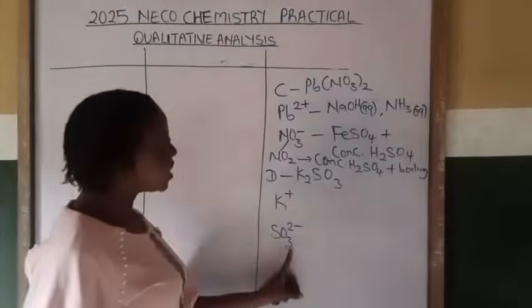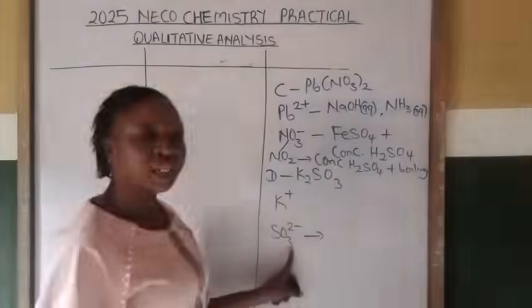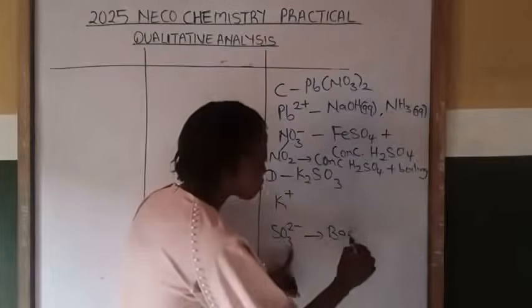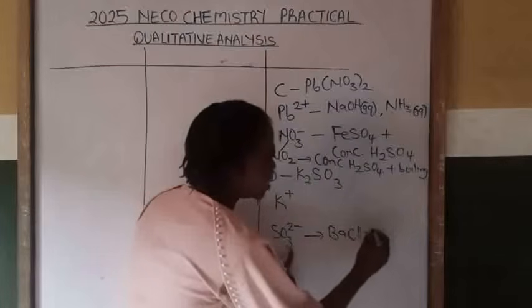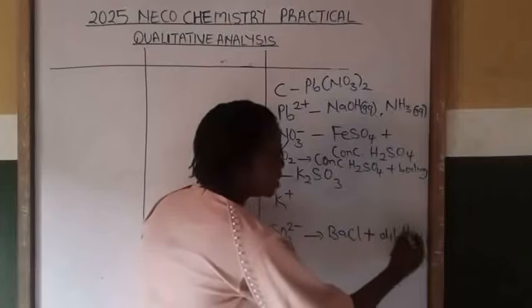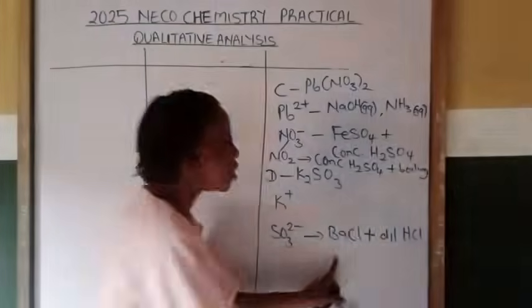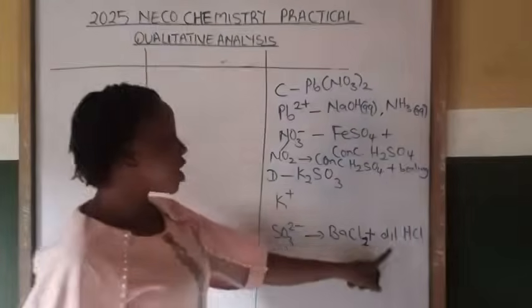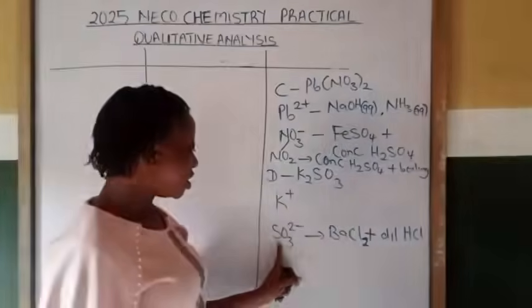So we should be expecting a chemical test on SO3. Then what can we use to test for SO3? We use barium chloride and dilute HCl for the confirmatory test. So addition of aqueous barium chloride and dilute HCl for the confirmatory test.